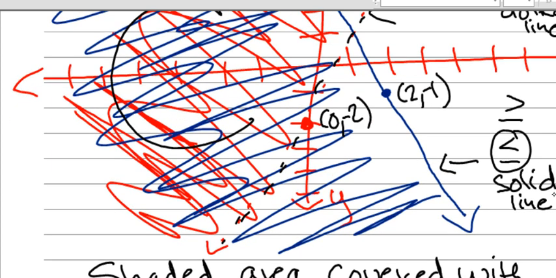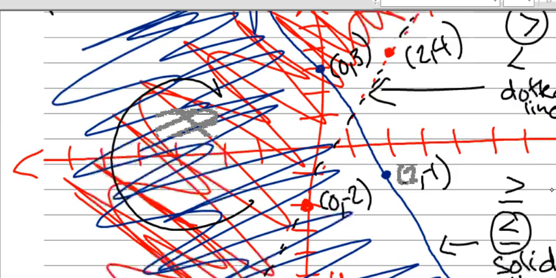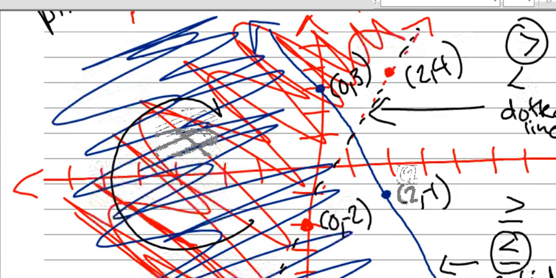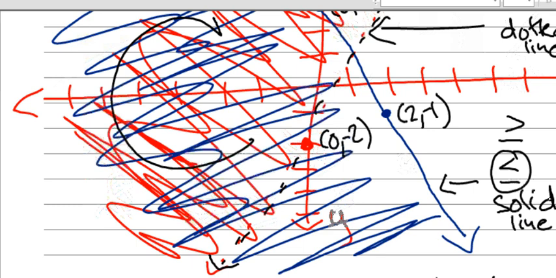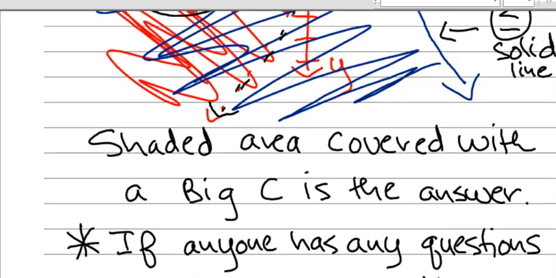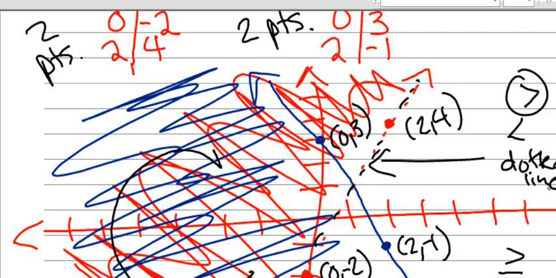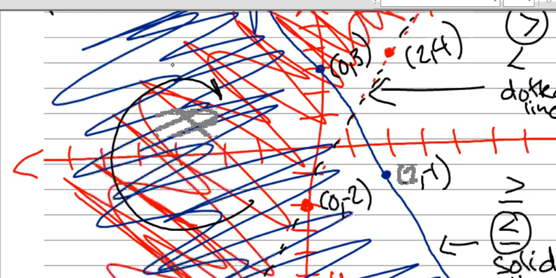So we want to look and see, well, where does the blue overlap the red? It's right in this area, and I'm labeling it with a C, with a big C. So it's in between the blue and the dotted, the solid blue line and the dotted black and red line.